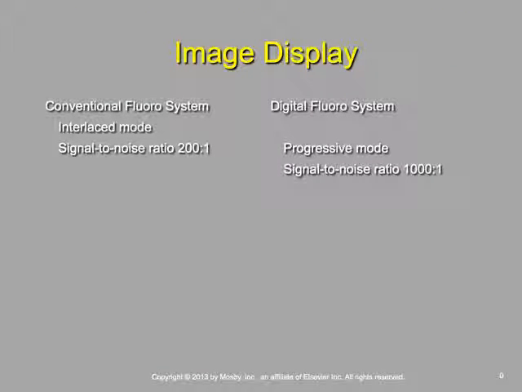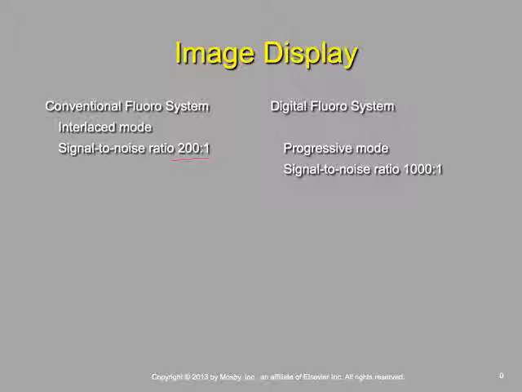So the big thing here, a final comparison and contrast between digital and conventional, is that the conventional mode is going to use this interlaced mode, and I don't expect you to understand all that works, but it's an old school television thing, right? And the big thing here is the signal-to-noise ratio is like 200 to 1. We get 200 signals to every 1 incidence of noise, right?